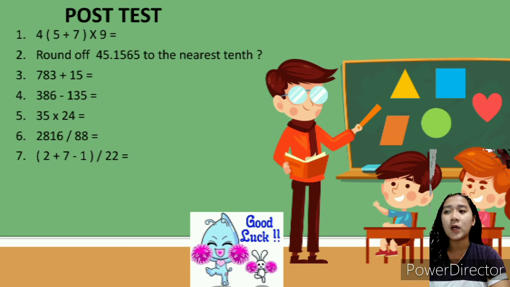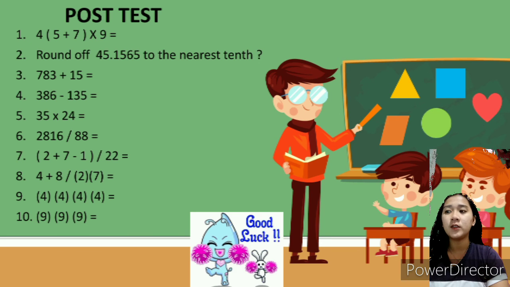Number 6. 2,816 divided by 88 is equal to. Number 7. The quantity of 2 plus 7 minus 1 divided by 22. Number 8. 4 plus 8 divided by 2 times 7. Number 9 is 4 to the power of 4. Number 10 is 9 to the power of 3.